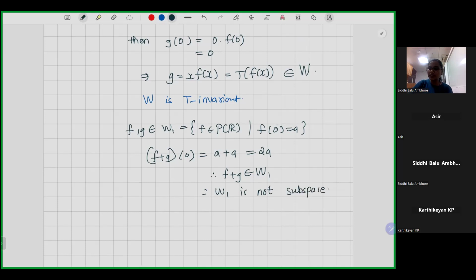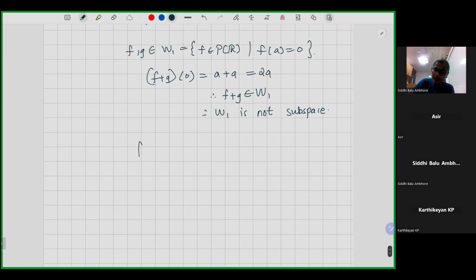But you can take any a here, I guess, where f(a) = 0. This would work, because when we add two terms, f(a) + g(a) will be 0 + 0, and c into f(a) will be c into 0, which is 0.